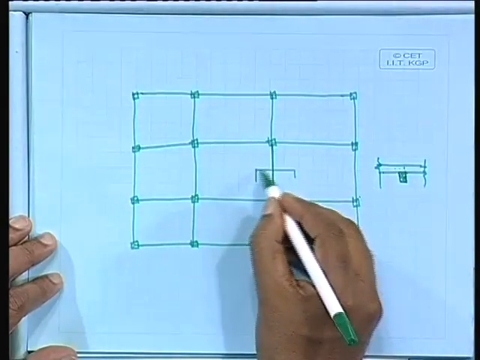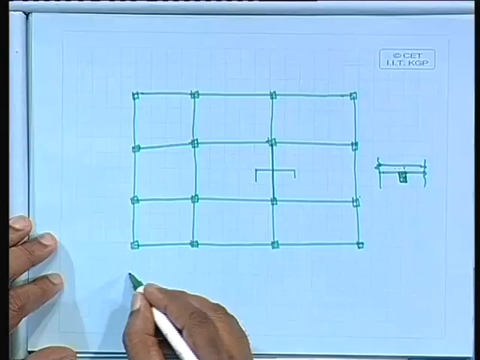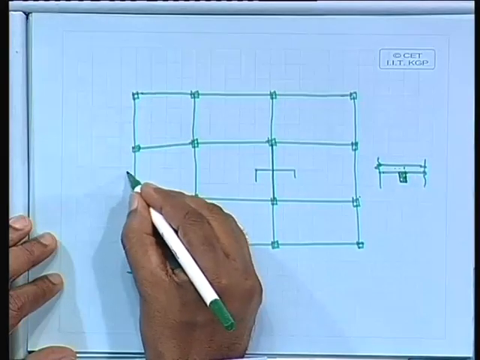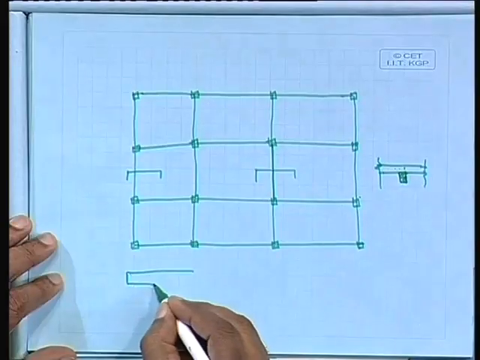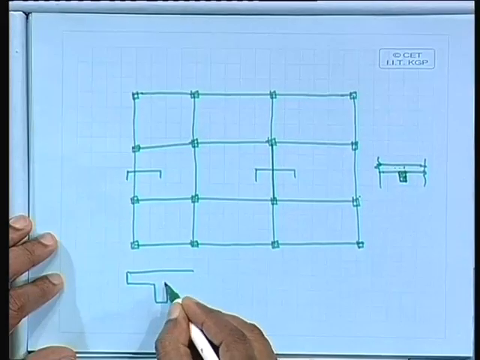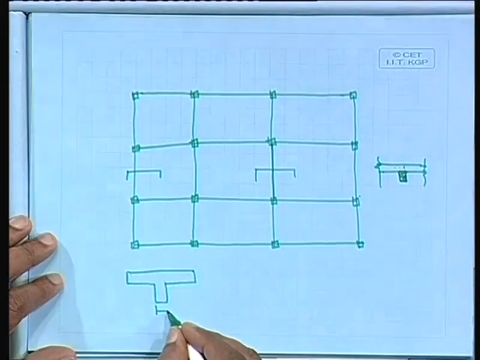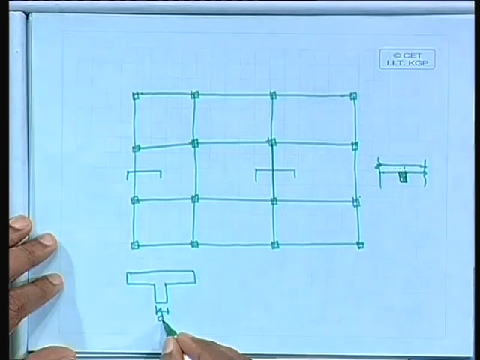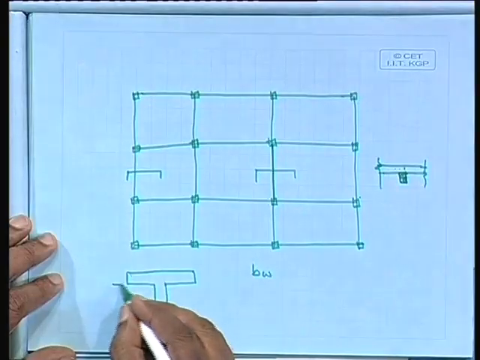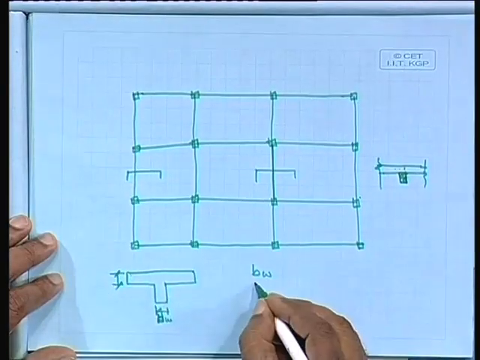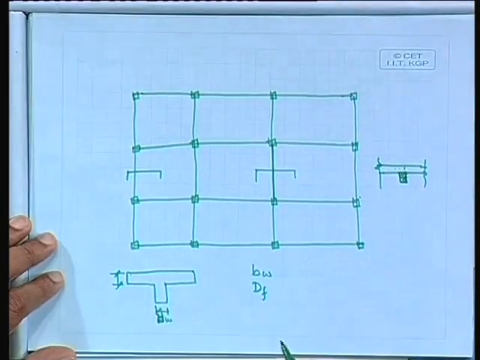So, how far shall we go? If we take the beam, a T beam or an L beam here, there is no problem to define this bw, the width of the web, and the depth of the slab or flange, df.